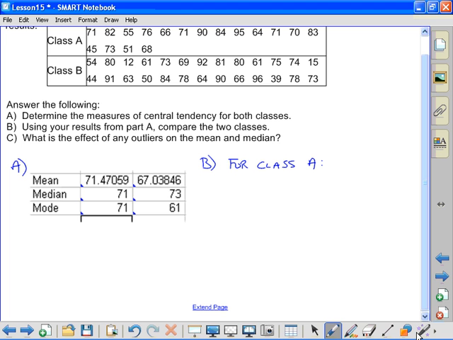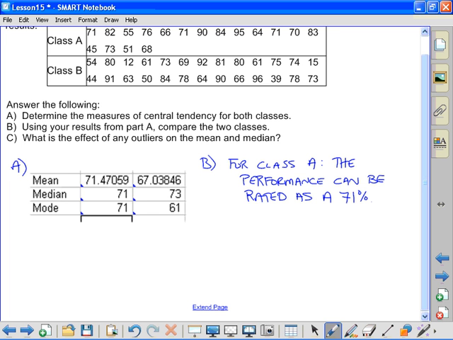So for Class A, the performance can be rated as a 71, if we want to put a number to it.